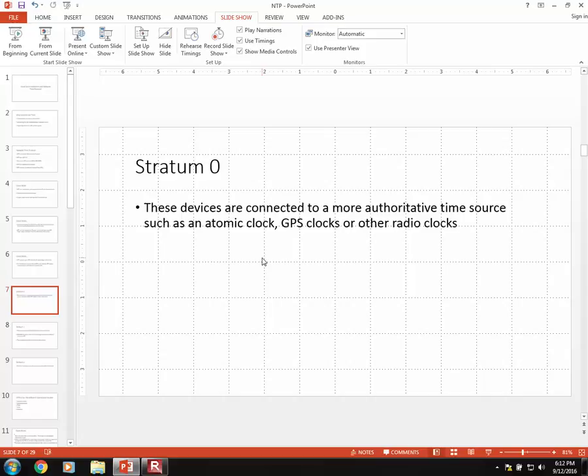This is where you're going to have your most authoritative time source, something that is extremely accurate. You may even have a backup system, and the two time sources sync up with each other. That's what you usually start off with at stratum 0.